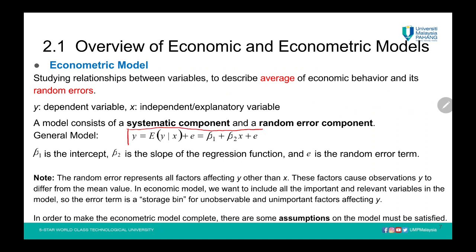This means that the econometric model consists of a systematic component and a random error component. In this model, y is the dependent variable, x is the independent or explanatory variable, beta 1 is the y-intercept, beta 2 is the slope of the regression function, and e is the random error term.